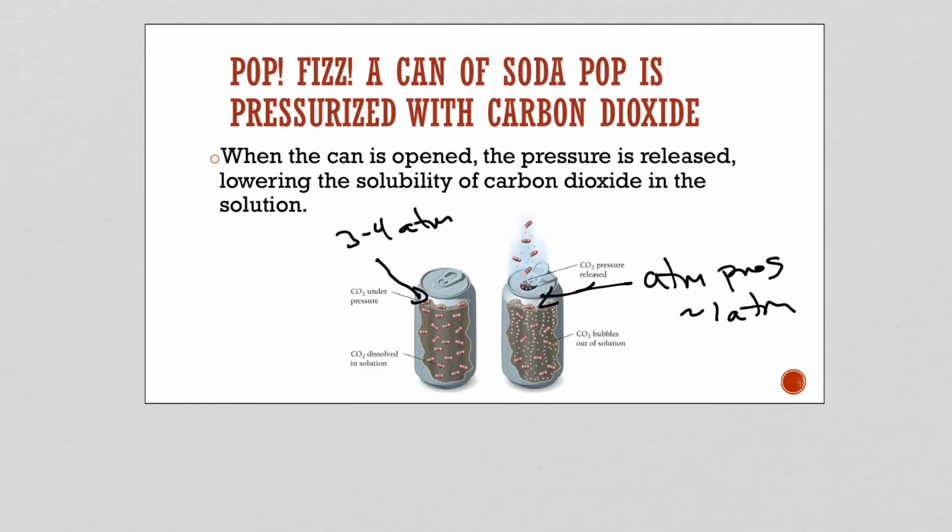Then, if you let this sit, it will continue to bubble out until it reaches the normal amount of CO2 that would be able to dissolve at 1 atmosphere of pressure above the liquid. At that point, you would have what we call flat, with the normal amount of CO2 dissolved that you would expect under these conditions.